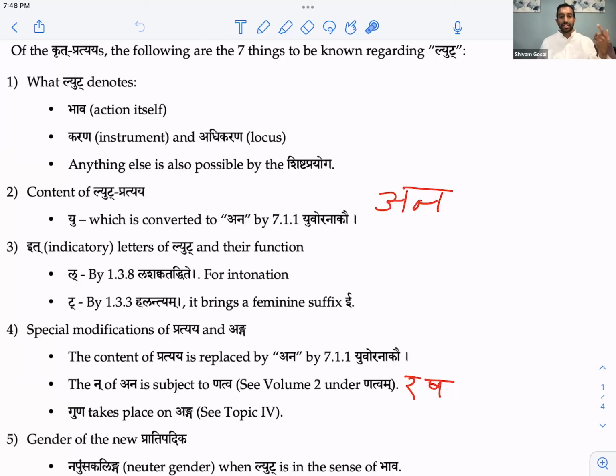So there were certain swaras on the chanting, and the lakara would indicate a different swara. Takara can bring, when we make it feminine, the feminine suffix ikara. So each of these letters do mean something eventually, but really Panini Muni just says that yu becomes ana.